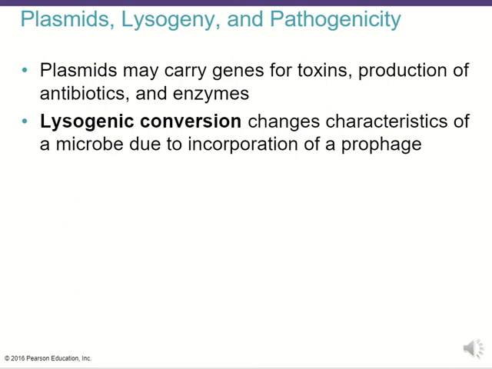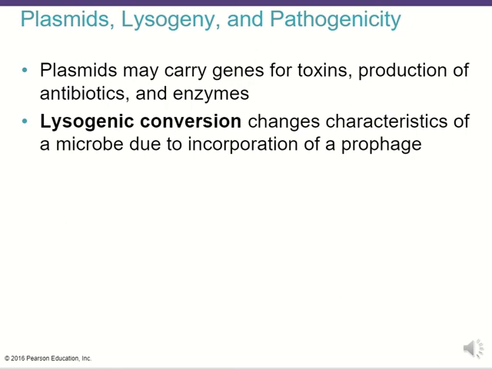Plasmids may carry genes for toxins, resulting in the production of antibiotics and enzymes. Plasmids are simply circular chunks of genetic material that can be passed down or inserted from one microbe to another, or one organism to another.